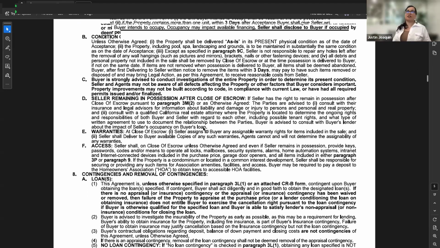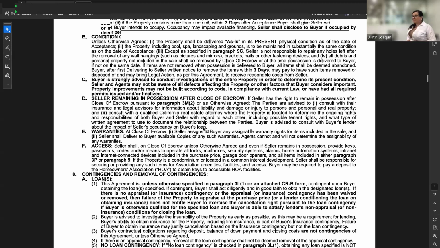7B, condition of property on closing. I love this one. You know why? Because this is the one that comes up whenever we see counteroffers, addendums that say all parties are made aware the property is sold as is. And I'm like, yeah, the contract says that. Look, 7B, unless otherwise agreed, the property shall be delivered as is.